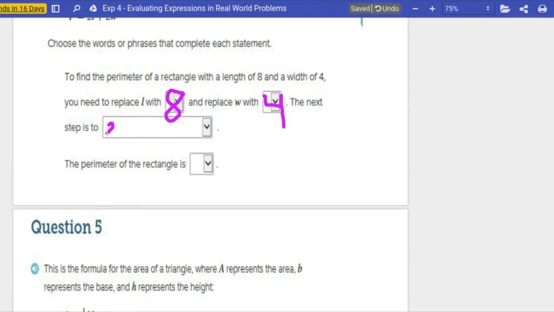Then we do 2 times 8 plus 2 times 4. That would be 16 plus 8, which is equal to 24 units.